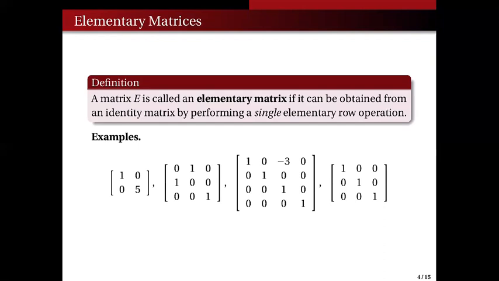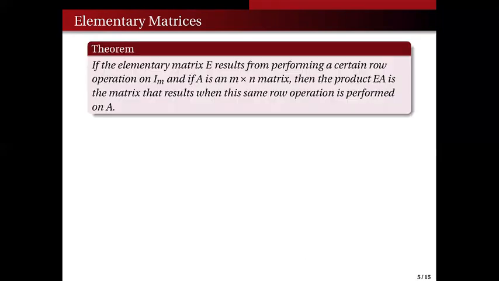Okay. So now, how important are these elementary matrices? Theorem. If the elementary matrix E results from performing a certain row operation on the identity matrix, and if A, so the identity matrix here is an M by M matrix.